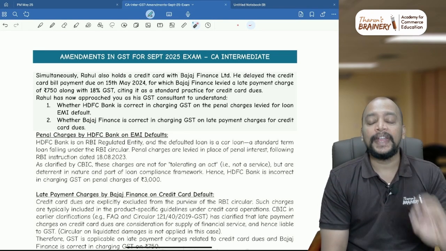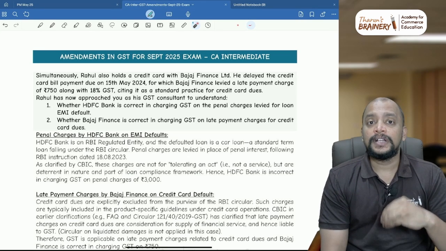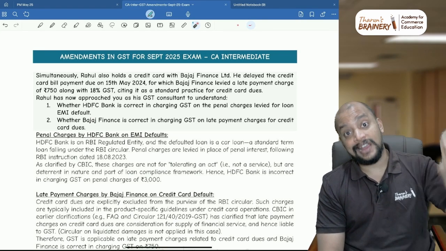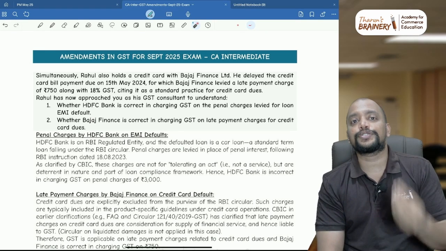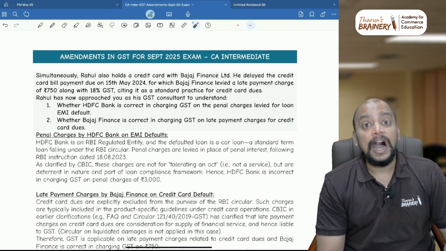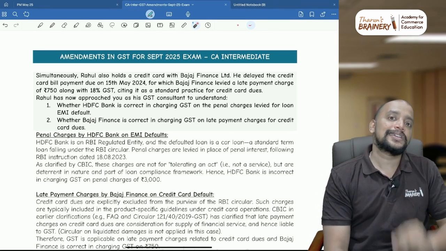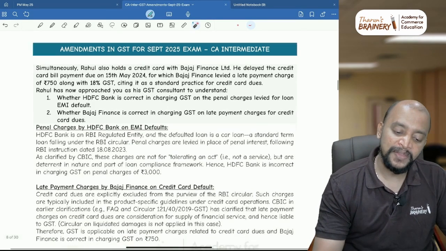No. Why? Because penal charges are in the nature of penalty to discourage a person from doing it, so as to maintain credit discipline. So are these penal charges treated as consideration or not? Not treated as consideration. Consequently, GST is not payable.